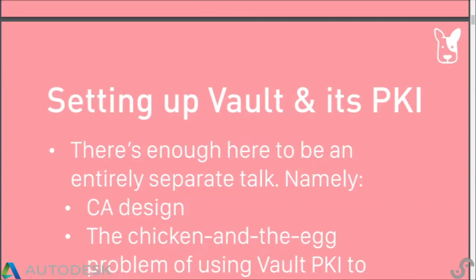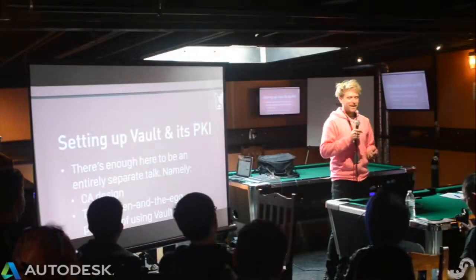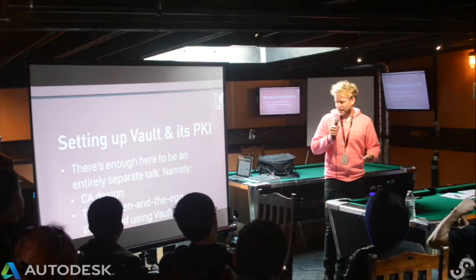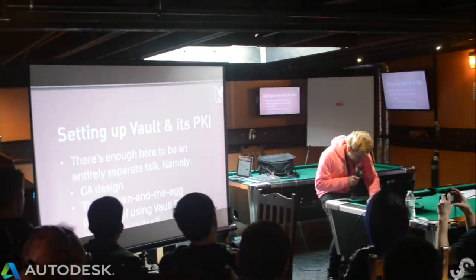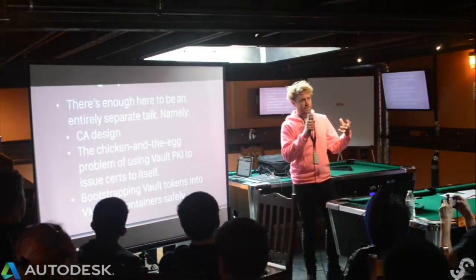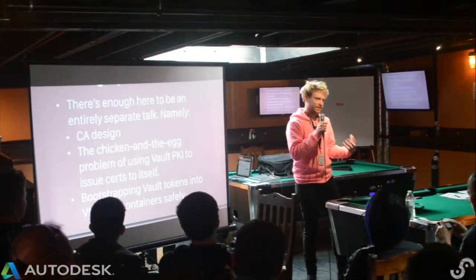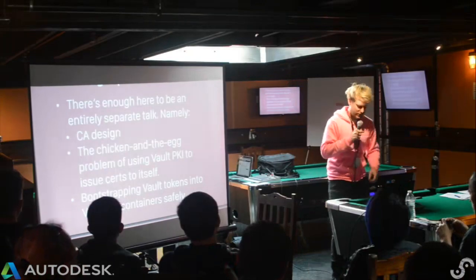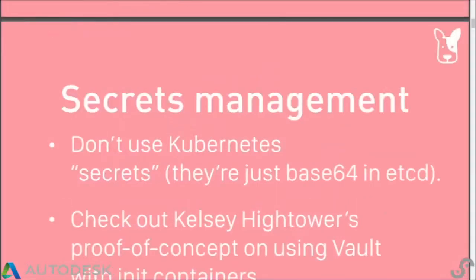You've got the chicken and the egg problem of how do you bootstrap, how do you get certs from a PKI to protect your PKI when it's not up and running yet. That's an interesting dance. And then the third thing is bootstrapping Vault tokens safely into your VMs and containers. Very tricky as well.